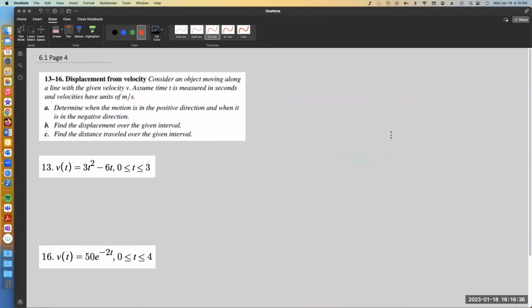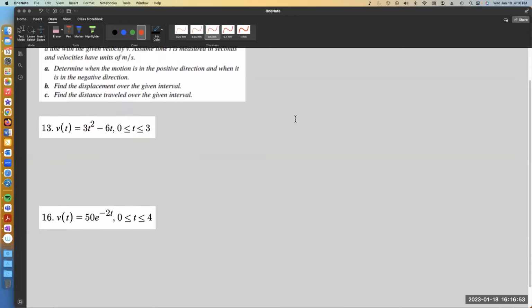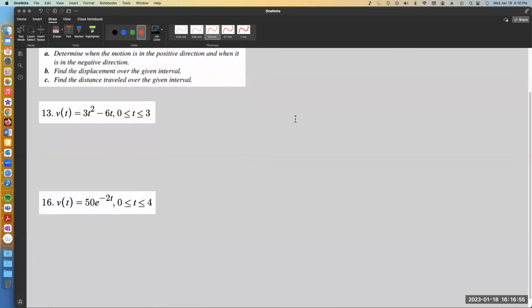All right, so let's try a couple of these. So here we start with a velocity function and they ask us some questions. They say, determine when the motion is in the positive direction, when it's in the negative direction, find the displacement and find the distance traveled. So first and foremost, we want to graph this velocity function because it's a lot easier to notice where it's moving in the positive direction and negative direction if we have a graph.